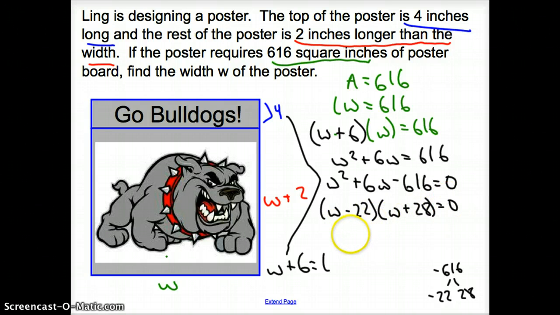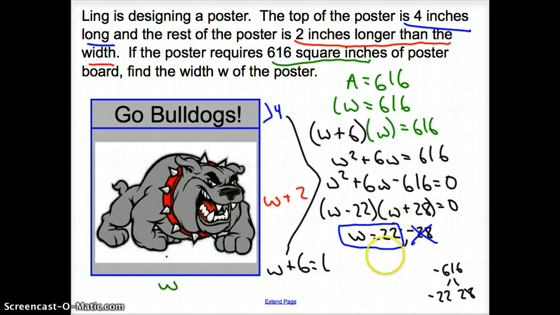Solving for this, W equals 22 from here, W equals a negative 28 from here, right? So now we have our two answers. But can a width be a negative number? No, a width can never be a negative number, so the only answer that we're left with is 22.